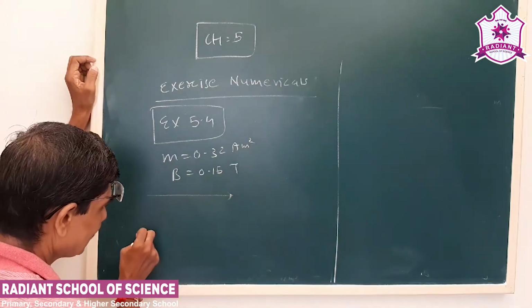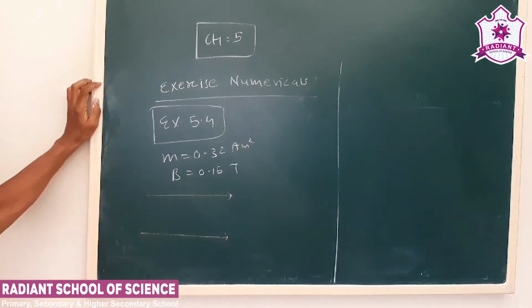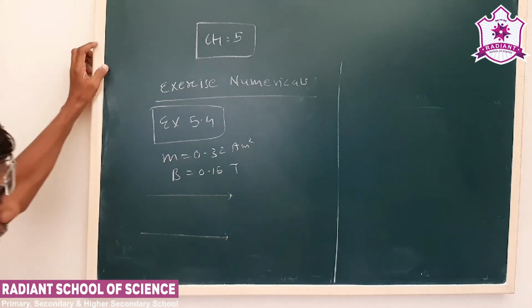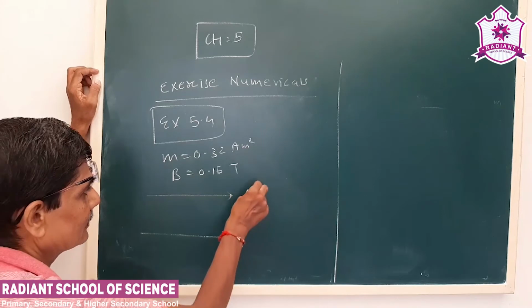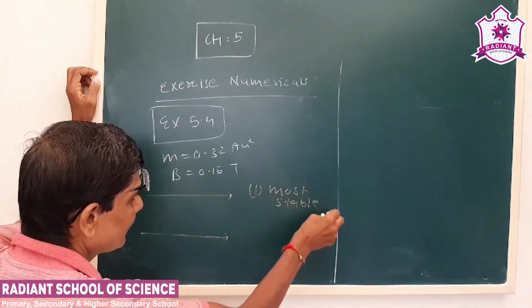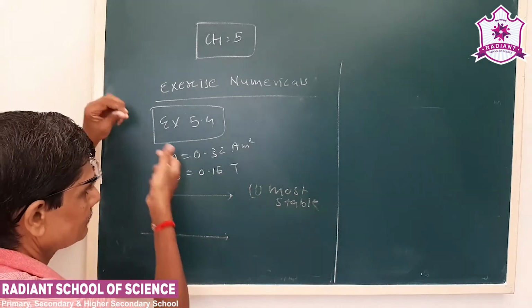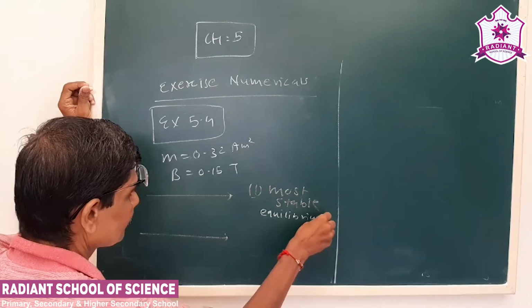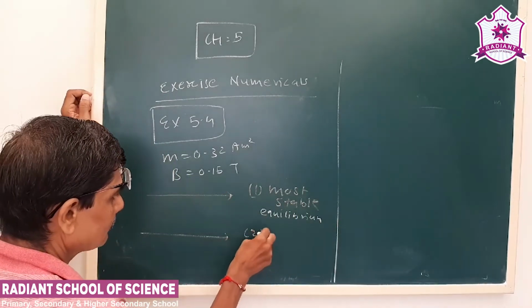It is placed in such a way that it can freely rotate. Now two things we have to calculate. First, its potential energy in the most stable equilibrium, and second is the most unstable.